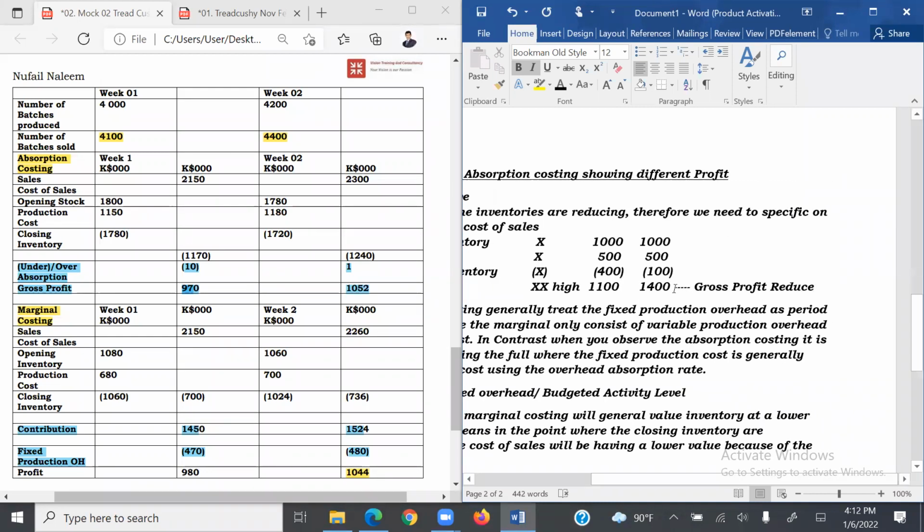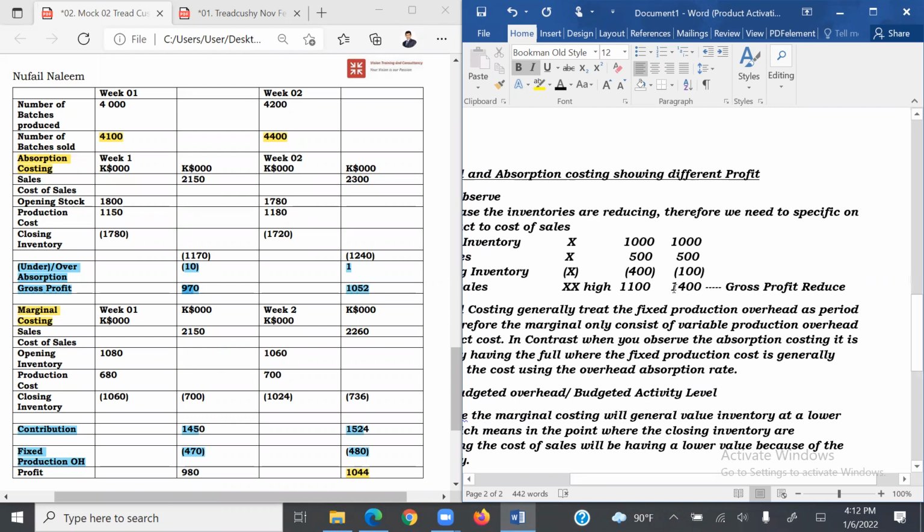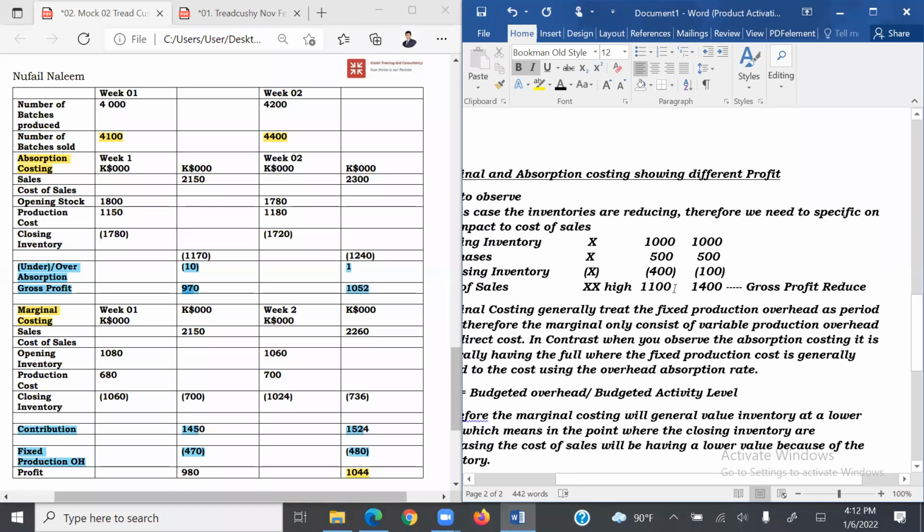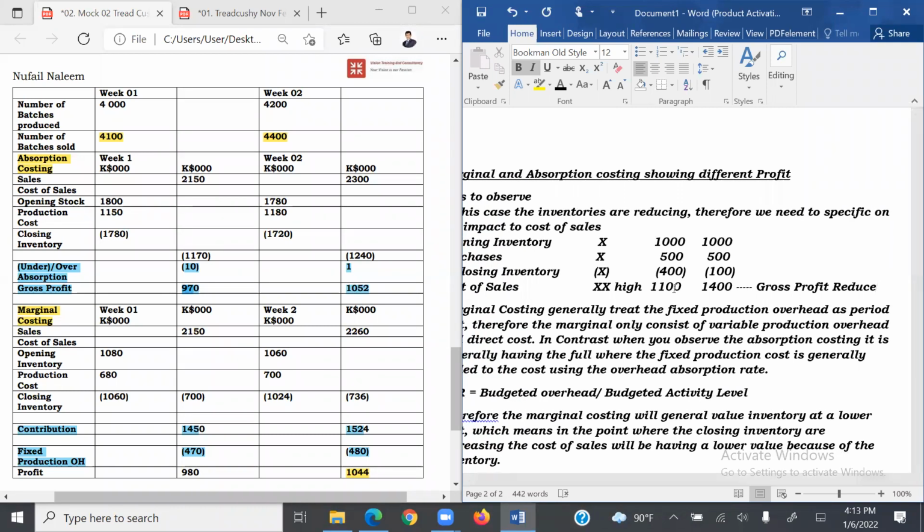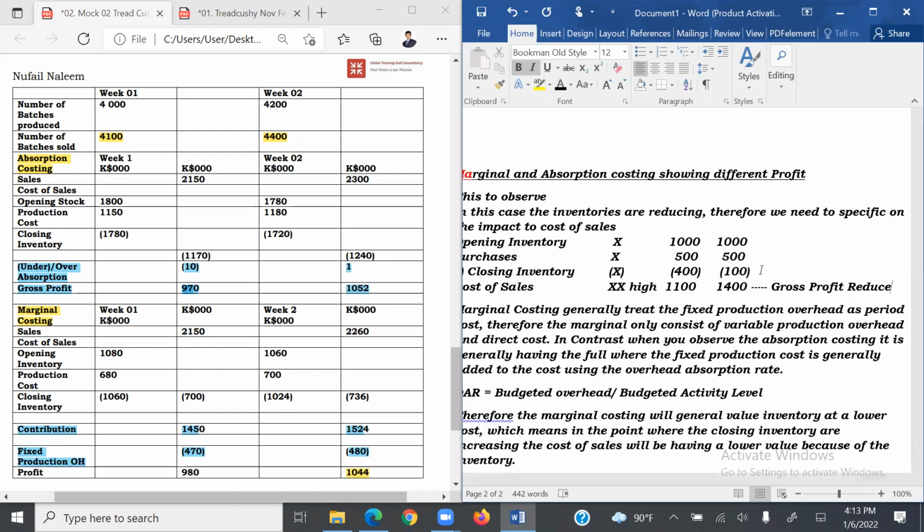But if you go with marginal costing, students, the closing inventory will become even lower, if I'm not mistaken, when the inventory goes down. So effectively, what will happen? The cost of sales will be generally high. So it will reduce the gross profit.